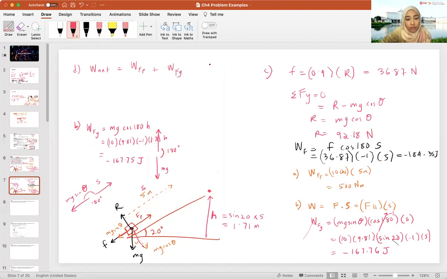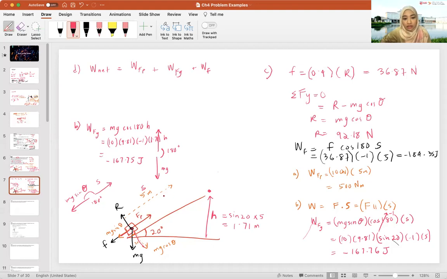What else? We had the work done by friction. Do we add the work done by the reaction force? No. Why is that? Not parallel. R is not parallel to our motion, so it does not have any contribution.